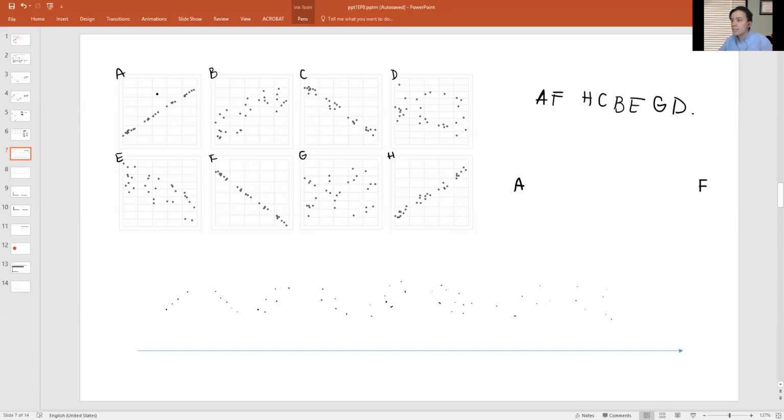And then the next one after A is going to be H, and that means the corresponding one with C would be on the other side. Then the next one that's the strongest one in the positives would be B, and afterward, you would have D.